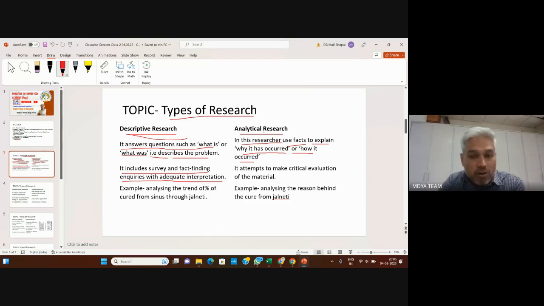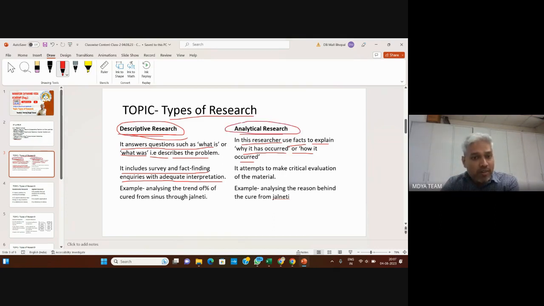See, yesterday I already told you, emphasize only the words mentioned here, like descriptive, analytical. These words you have to learn and memorize. In this way, you can go through a research topic.